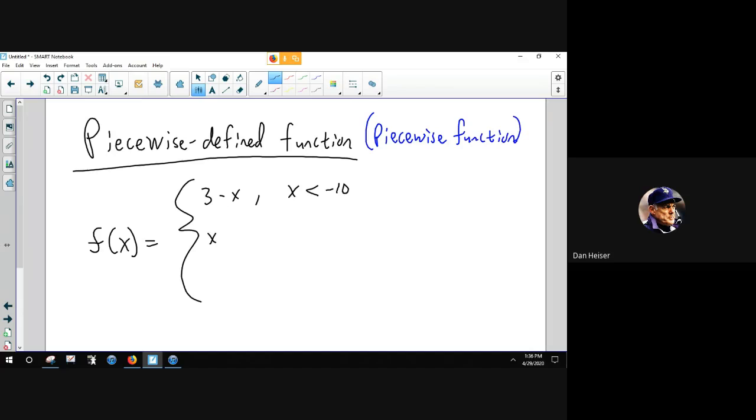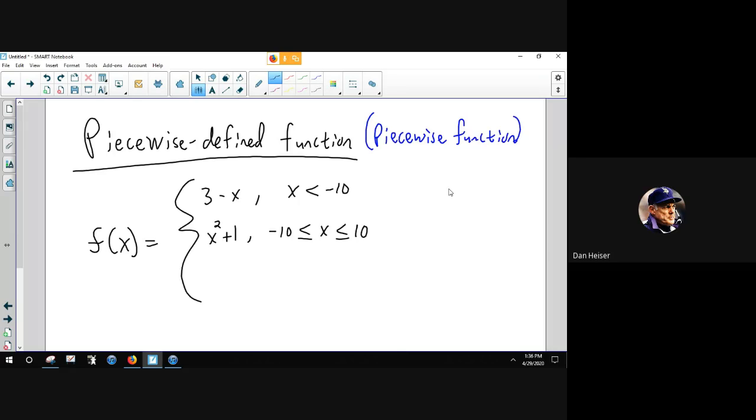We'll say x squared plus 1 if x is between and including negative 10 and let's say positive 10. So whenever x is negative 10, positive 10, or any number in between, I use x squared plus 1.